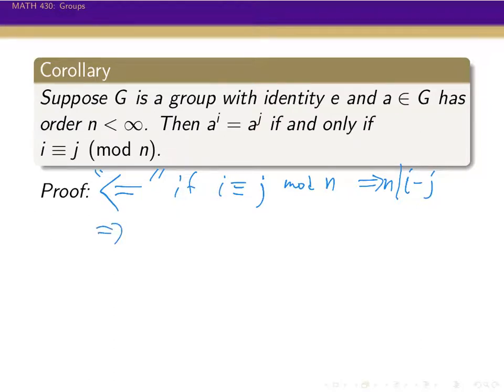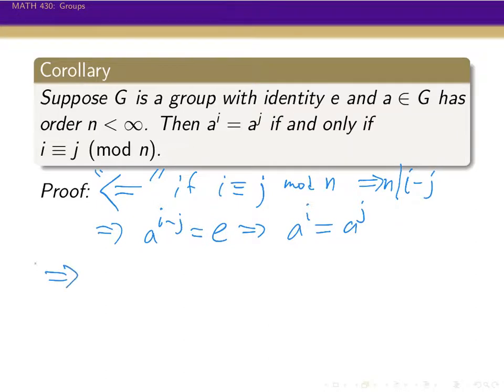And so then that means that a to the i minus j is equal to the identity by the last theorem. And then by cross cancellation, if I apply a to the j to both sides, I get a to the i equals a to the j. And so that's that direction.